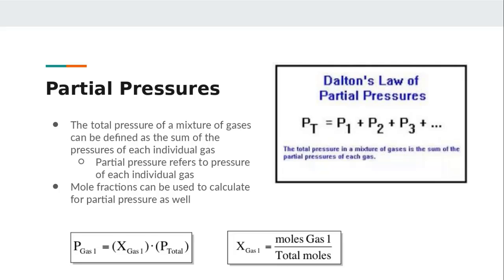If you have the total pressure and you know the mole fraction for that substance, suppose it's oxygen gas, you can just multiply the mole fraction by the total pressure to find the partial pressure of oxygen gas. Cool. And there are some questions on this as well.